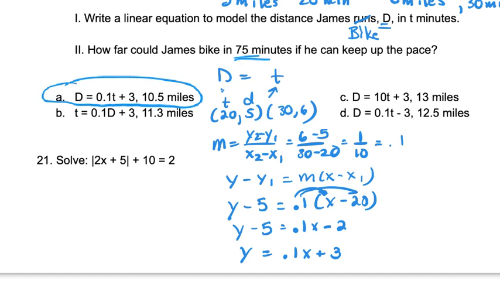This thing was all derived from time units of minutes, so we're all right. So let's find out y. y equals 0.1, substitute in 75, plus 3. That's 7.5 plus 3, that is 10.5 miles right there. Not too bad.